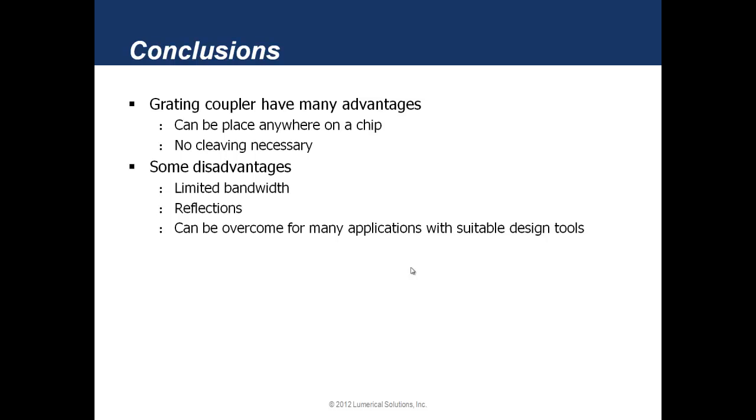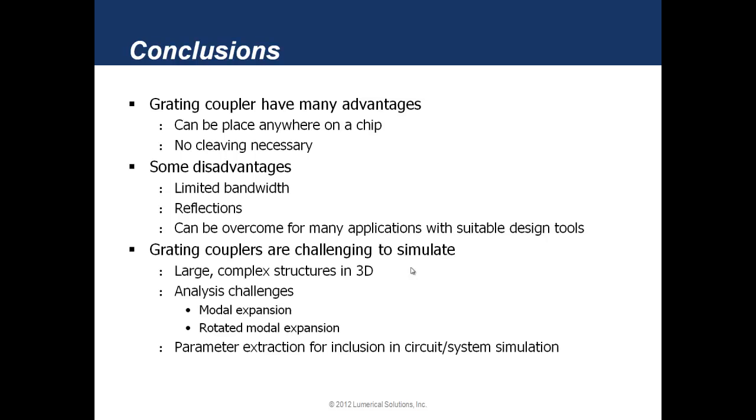But these limitations can be overcome for many applications with suitable design tools. If you have certain requirements in bandwidth, certain requirements in reflection, then we can work at optimizing the designs to meet those specifications. And using INTERCONNECT, we can determine what the specifications need to be in terms of their impact on the overall circuit performance.